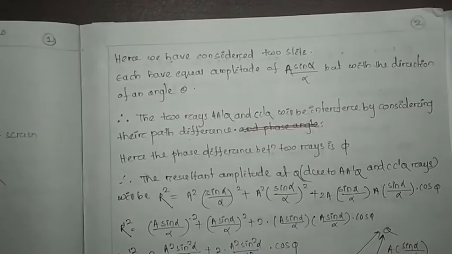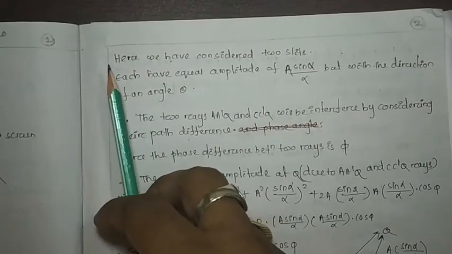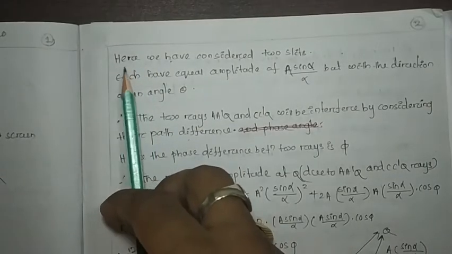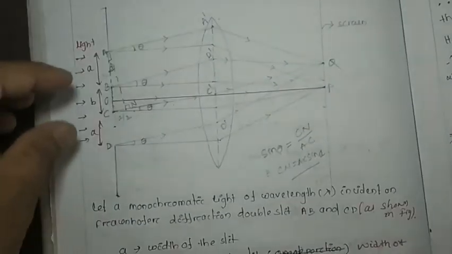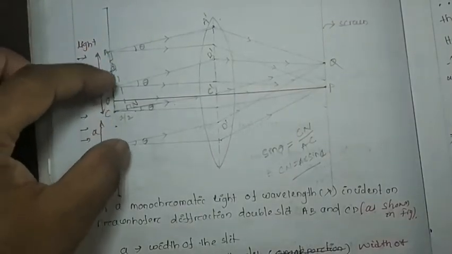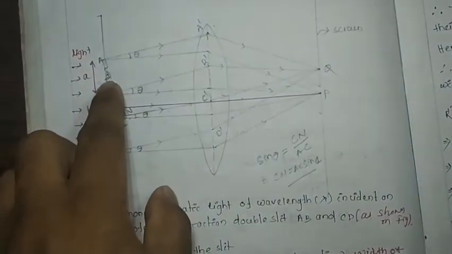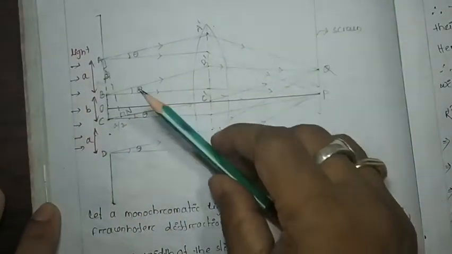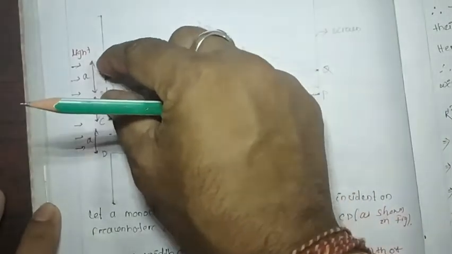Then come to the next page. In the next page it is written, here we have considered two slits. In our single slit experiment the slit was only one, but here the slits are two. Each slit acts as a single slit.